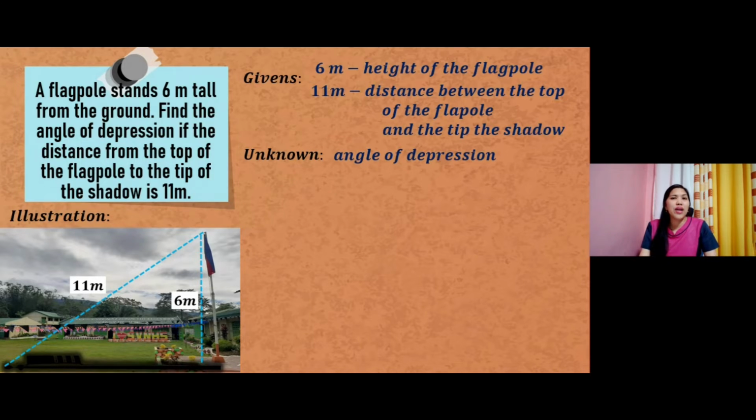So where is your angle of depression? Take note, if we consider our illustration, at the top of your flagpole, we have this horizontal line. And when we say angle of depression, that is this angle here, from this horizontal to this line of sight.